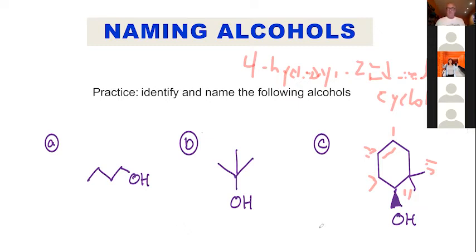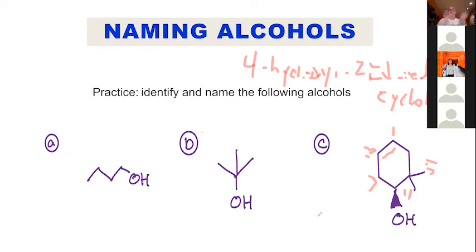Why is it 2,2? Like, do you number first the OH and then you number the two dimethyls? Well, you have to mention that dimethyl just means there's 2 methyl groups somewhere on the ring. If they're both on the same carbon, then you have to say 2,2. You say we have 2 methyl groups, but they're both in the same place.